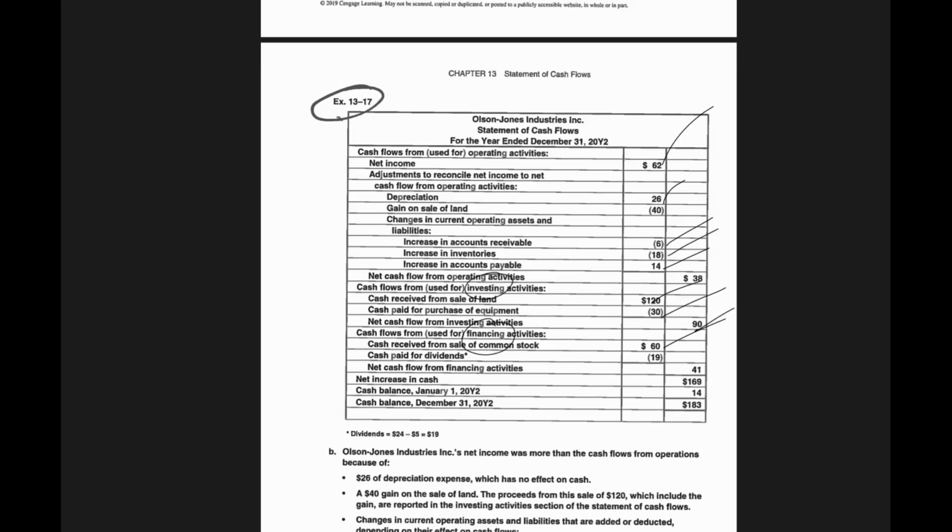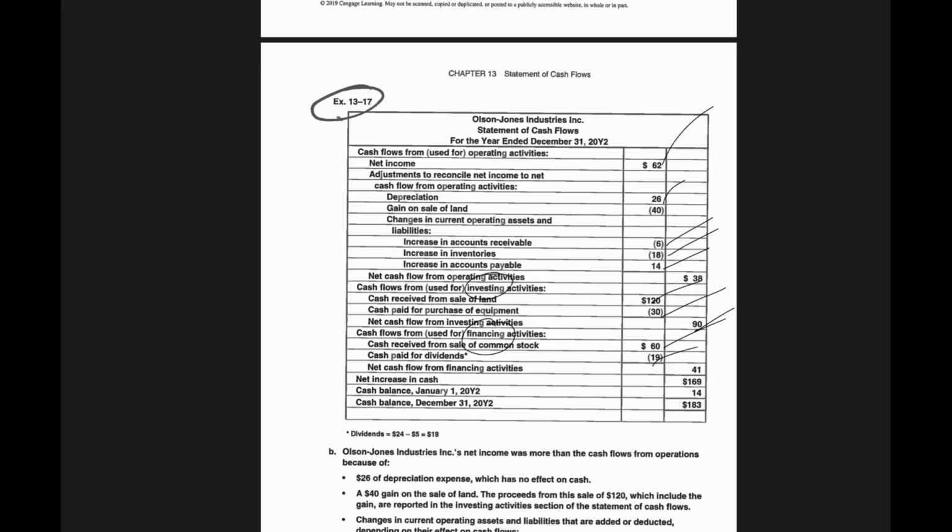So our liability account went from 0 to 5. Okay, so in this case, there was $24 debited to dividends. Well, of that $24, 5 of it wasn't yet paid. So we will show a $19 reduction for cash paid.